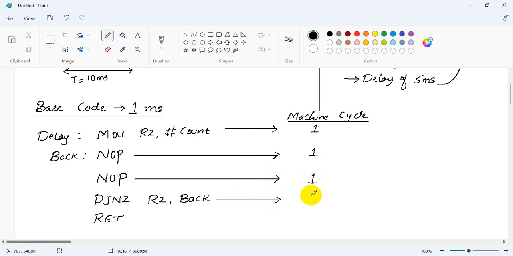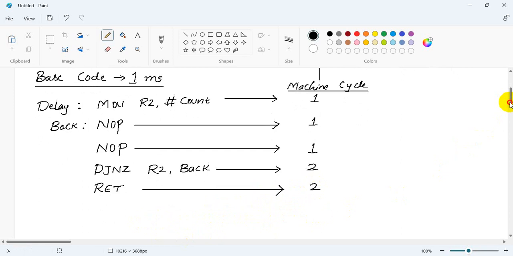Decrement jump on non-zero takes 2, and the return instruction also takes 2 machine cycles. Now we are supposed to calculate this count. What should be this value so that this delay gives me a delay of 1 millisecond?